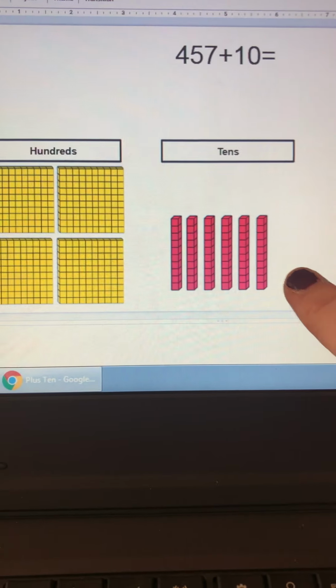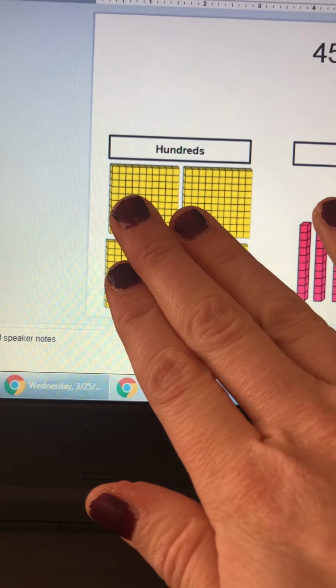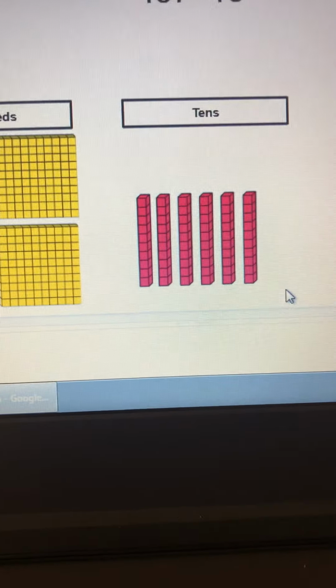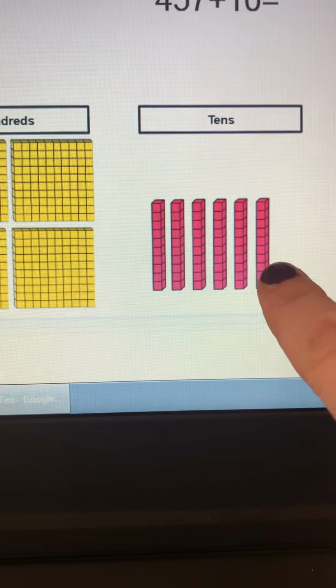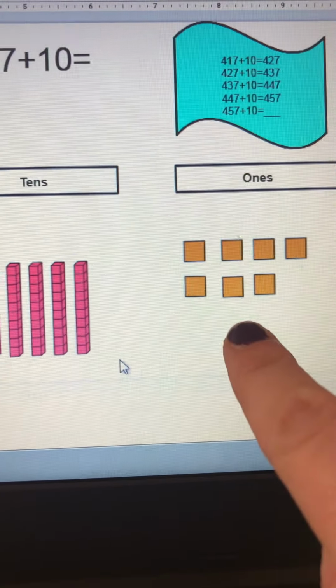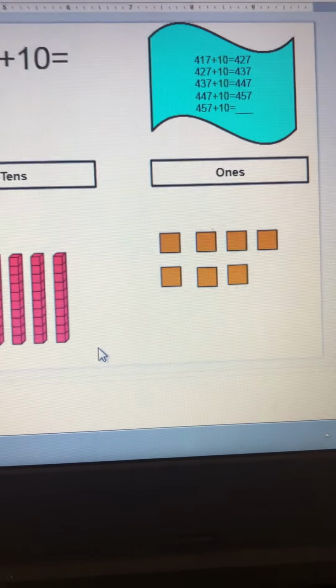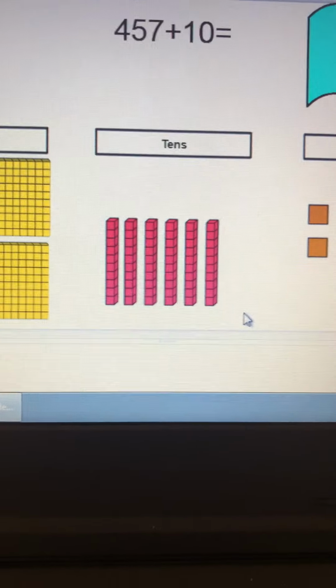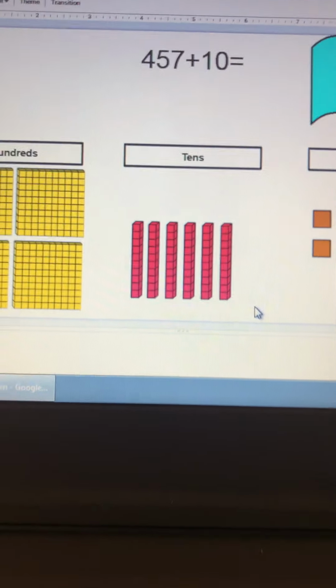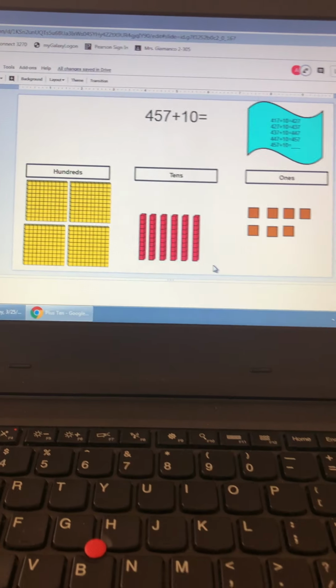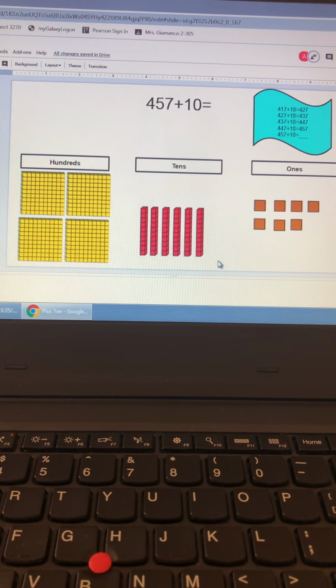Yeah, only my 10s, right? My hundreds, I still have 4 hundreds. Now if I added a 10, how many 10s? 1, 2, 3, 4, 5, 6. Good. What about my ones? Still 7, right? My ones place value is staying the same. So everyone, 457 plus 10 equals 467. Very good job.